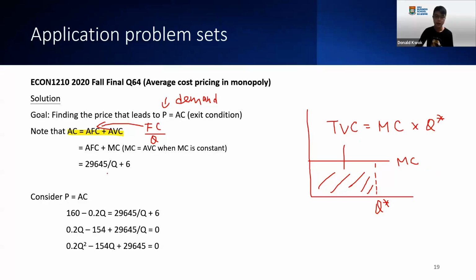However, at the same time, by the definition of average, we also know that total variable cost is average variable cost times the quantity. So this is why when the marginal cost is constant, we will have marginal cost equals average variable cost.